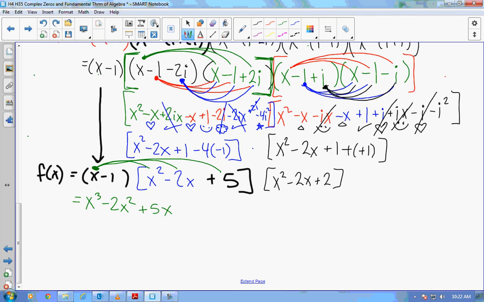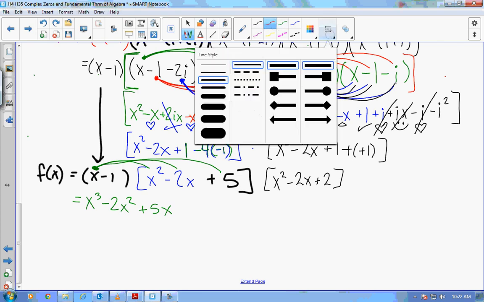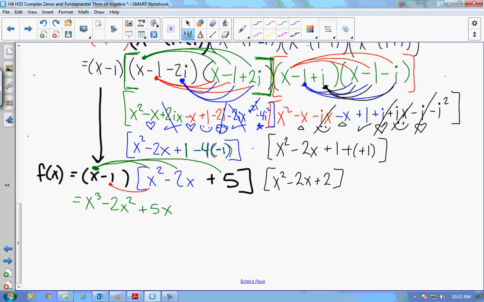Can you multiply the 2 by the 2 trinomials? You can if you want, yeah. The 5 came from right here. 1 minus 4 times negative 1, which is a positive 4. Okay, we have the negative 1 to distribute in. What's negative 1 times x squared?